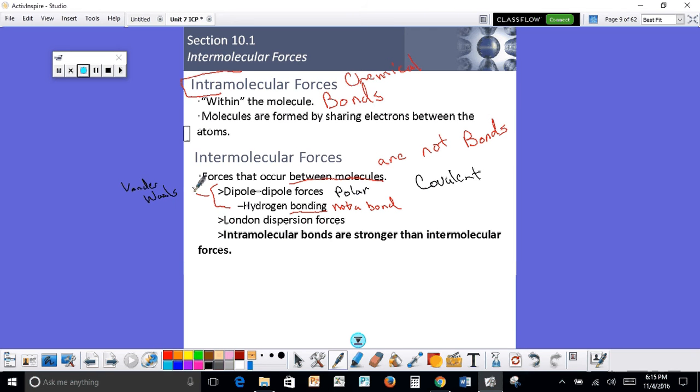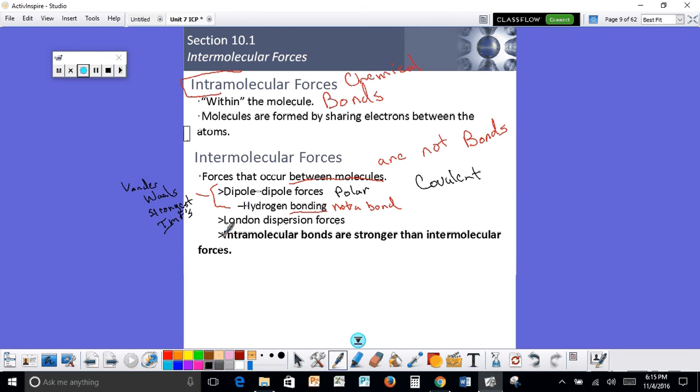So van der Waals, dipole-dipole, and hydrogen bonding, these are the strongest IMFs. However, keep in mind that IMFs are only like 1% as strong as a chemical bond.